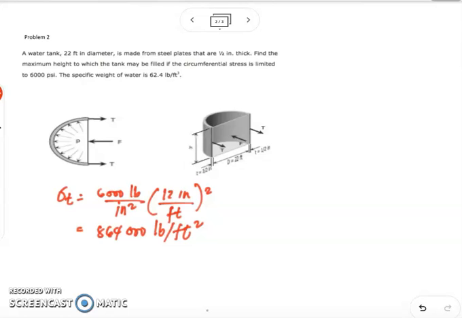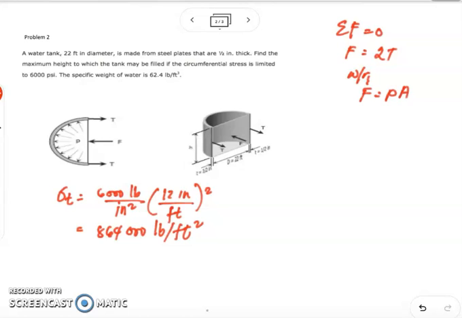Of course, we have our equation from summation of forces equal to 0. So we have F is equal to 2T, where our F is equal to our internal pressure times the area.